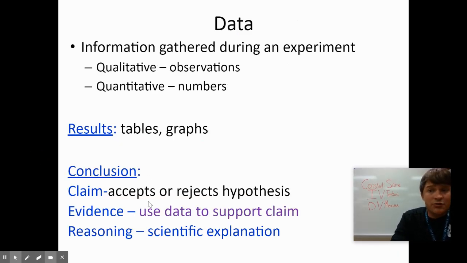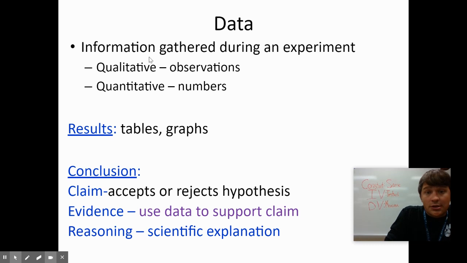All right, the last 2 items in the scientific process are collecting data and writing a conclusion. Now, here's the deal. With data, we have 2 types. We have qualitative and quantitative data. Now, I encourage you guys to just look at the terms when you are going through this. Quantitative looks like the word quantity, and quantities, those of you who love math class, shout out to the math department, quantities are numbers.